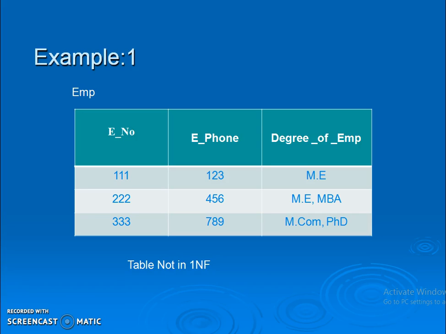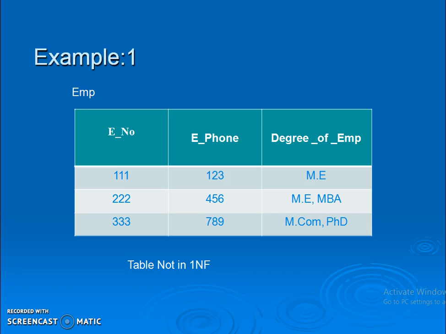E number 111 has phone number 123 and degree ME. The second row has E number 222, phone number 456 and two degrees, one is ME and another is MBA. Now employee 333 again has two degrees, MCOM and PhD. So here the intersection of row and column does not have a unique value, it has a multi-valued attribute. So this is not in 1NF.